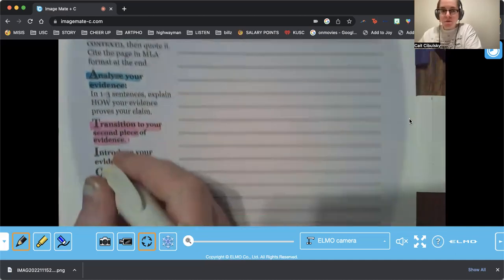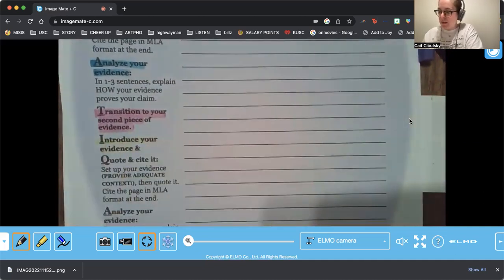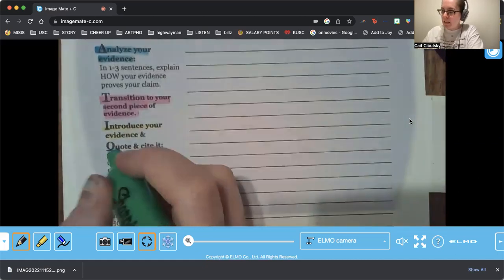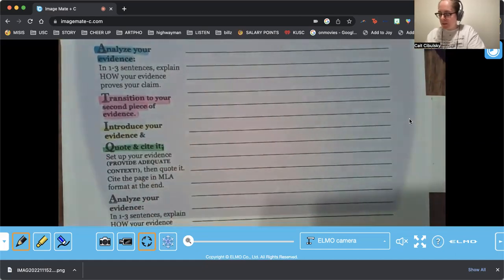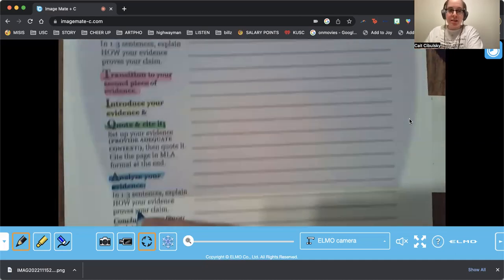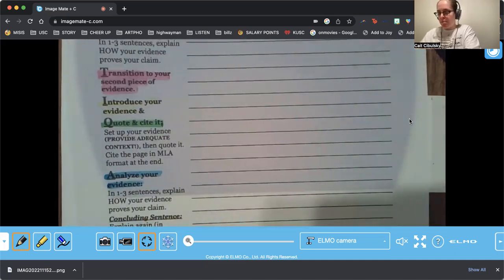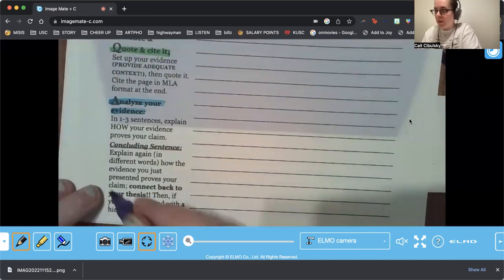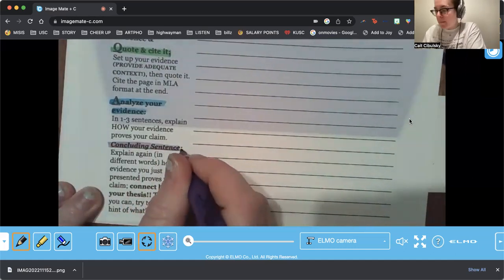Back to my yellow for introducing that second piece of evidence. Back to my green for quoting and citing my second piece of evidence. Back to my blue for analyzing that second piece of evidence. And then I've got my beautiful little purple, for my concluding sentence where I'm going to wrap up the paragraph, right?